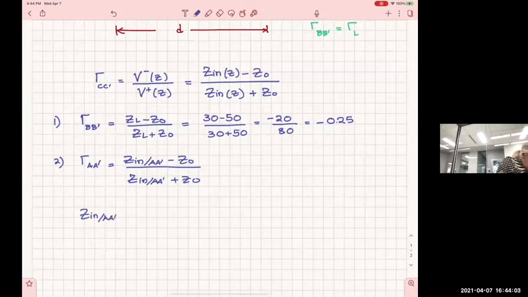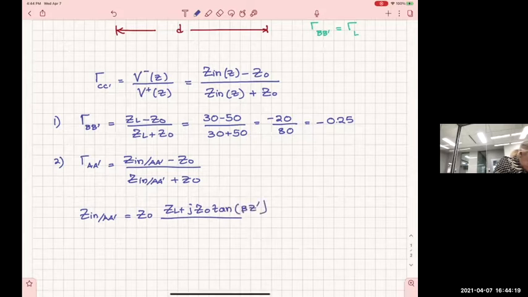According to the formula we found, it is Z naught times ZL plus j Z naught tangent of beta Z prime over Z naught plus j ZL tangent beta Z prime.